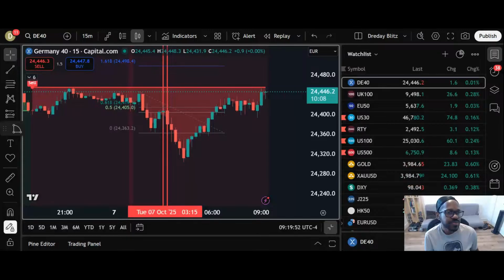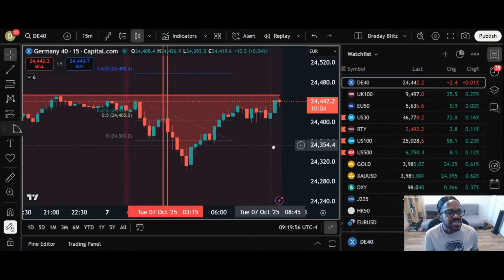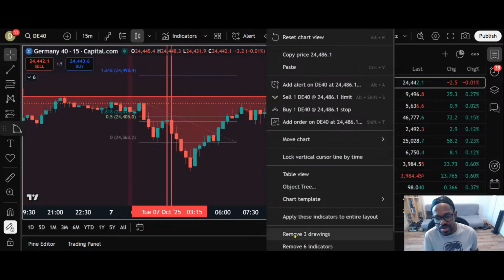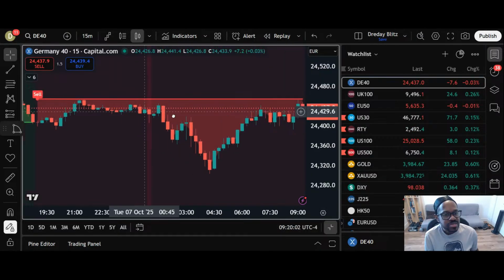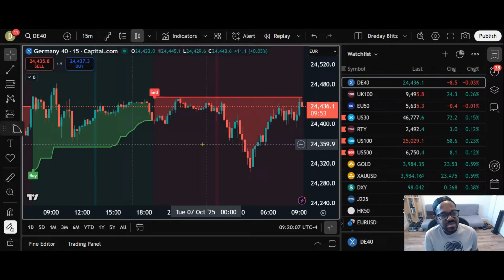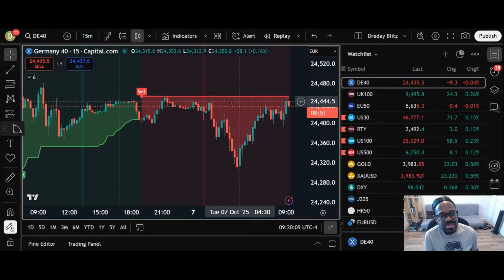Next, we have the TradingView indicators. What you're seeing here, I'm just going to remove the drawing. There we go. We have German. It was in a bearish movement.